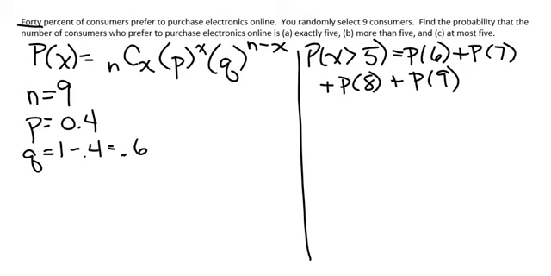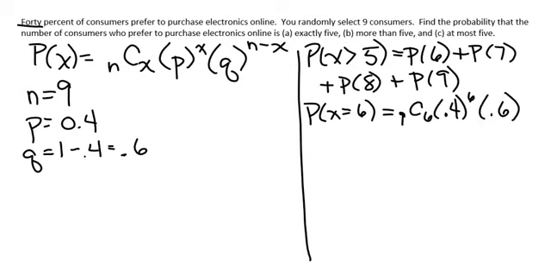This will be the probability that x is bigger than 5. So let's look at the probability that x is equal to 6. This is 9 choose 6 times 0.4 to the 6th power times 0.6 to the 9 minus 6, or 3rd power.